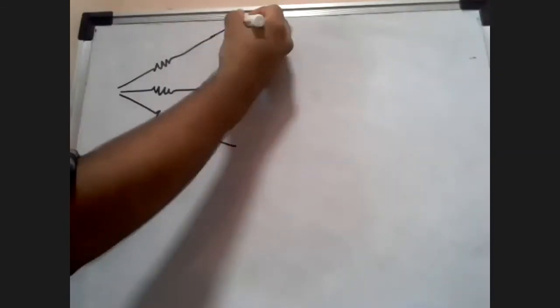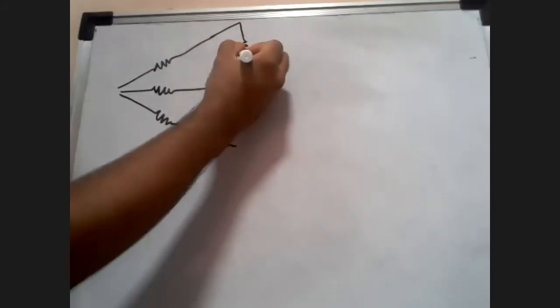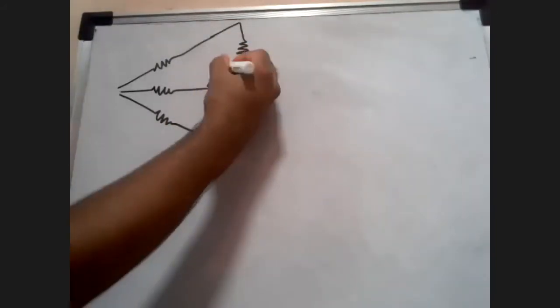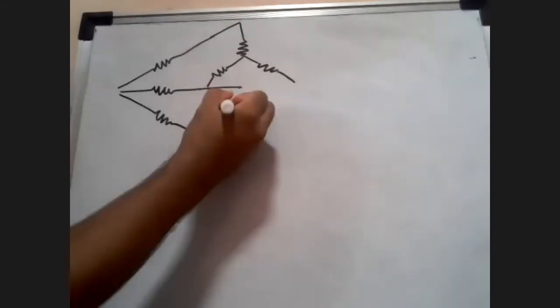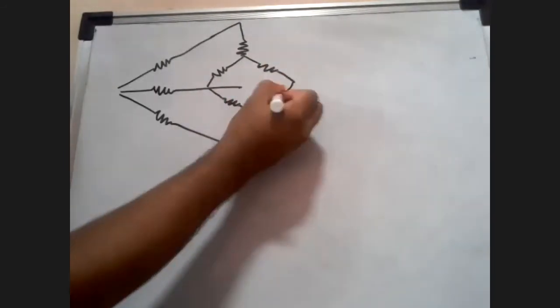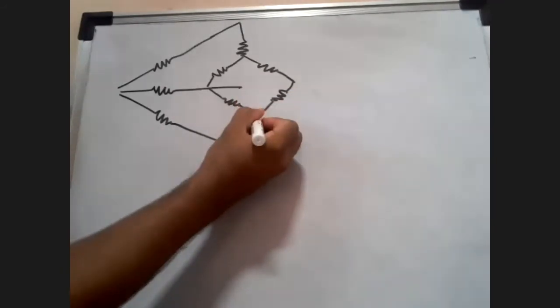Okay. Let's see. Let's put a resistor here, right here. And another resistor here. Another resistor here. Resistor here.